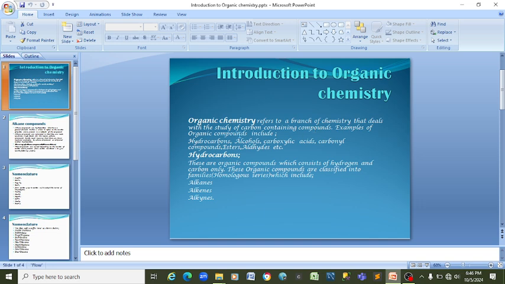These organic compounds include the hydrocarbons, may include the alcohols, the carboxylic acids, the carbonyl compounds, the esters, aldehydes, and so on and so forth. However, we're just going to first look at what hydrocarbons are.